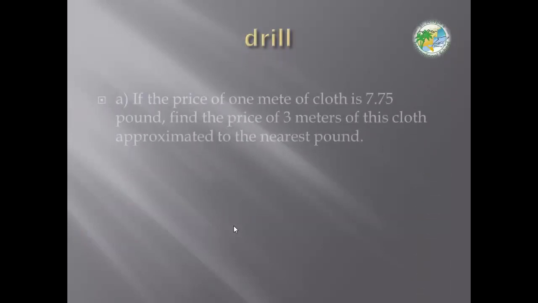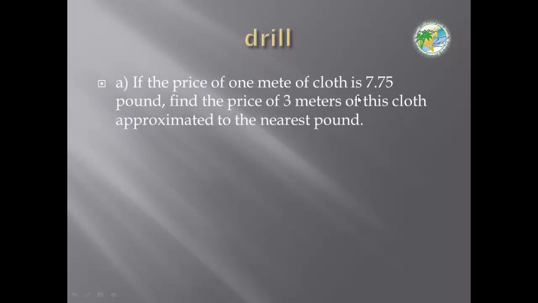Drill. If the price of 1 meter of cloth is 7.75 pounds, find the price of 3 meters of this cloth, approximated to the nearest pound. So 1 meter was 7.75 pounds. How much is 3 meters?